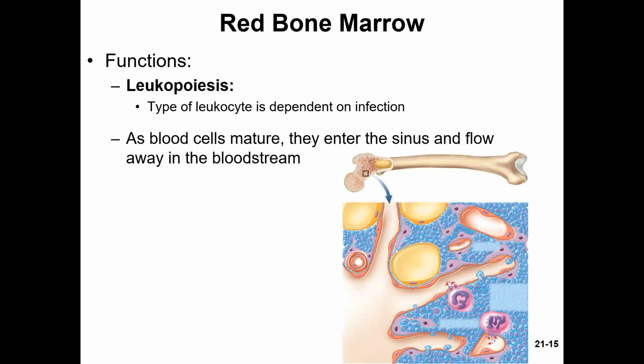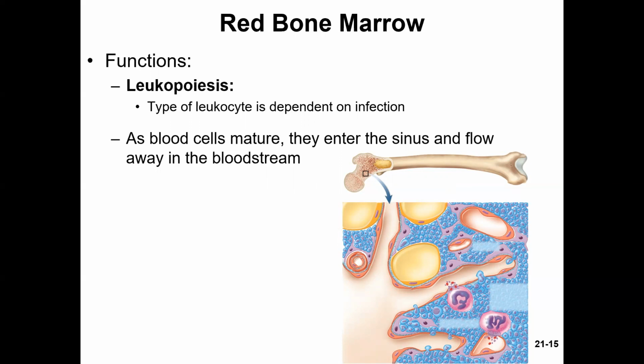Functions: leukopoiesis, where the type of leukocyte is dependent on the infection. Remember when we were making blood cells, both red and white, we talked about leukopoiesis. This happens in the red bone marrow, and we went through that picture that's really great about how the differentiation takes place.